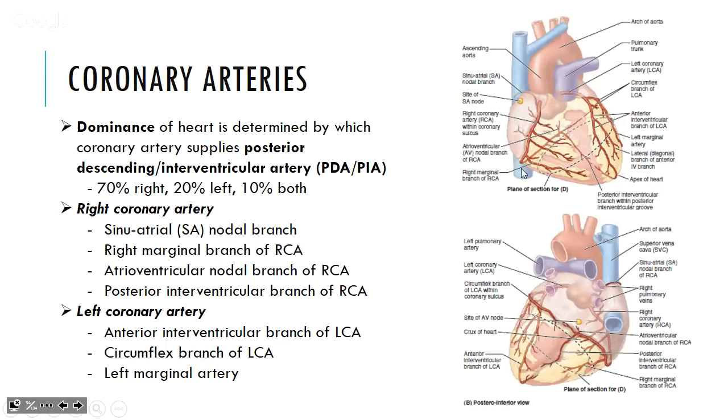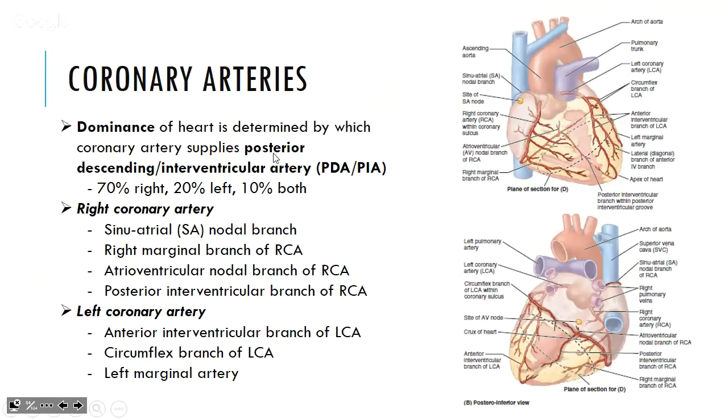So here's the right coronary artery. And if you follow it up here, it supplies the sinoatrial node, yeah. So that was one of the questions we had before. And then it'll go down and go behind the heart, and then it'll supply the posterior part of the heart, so the posterior interventricular branch of the heart. So I think you should know this for VIA.